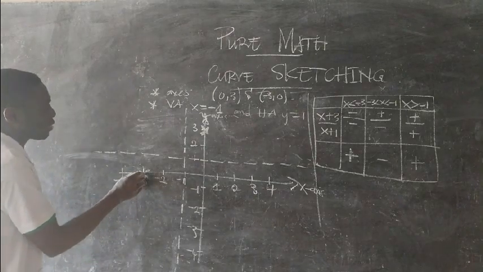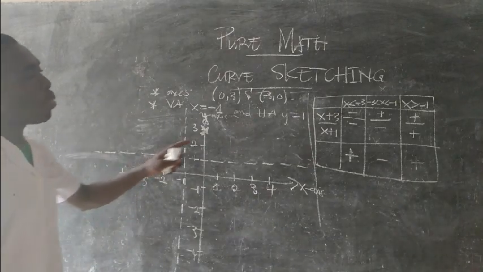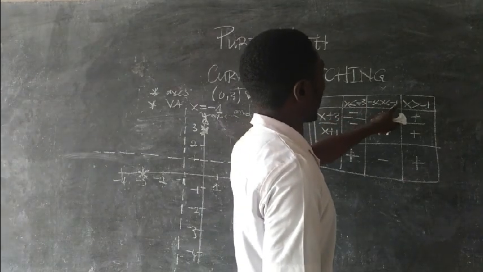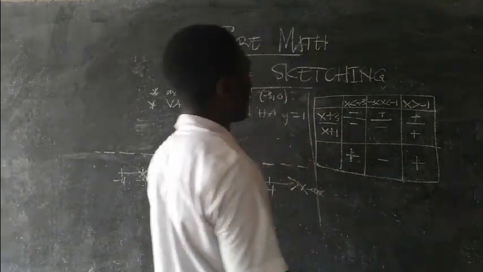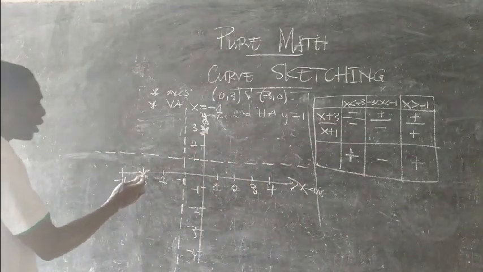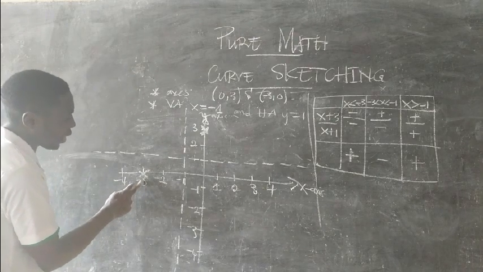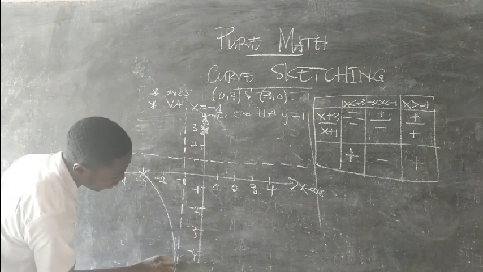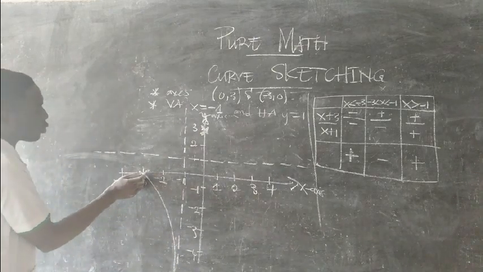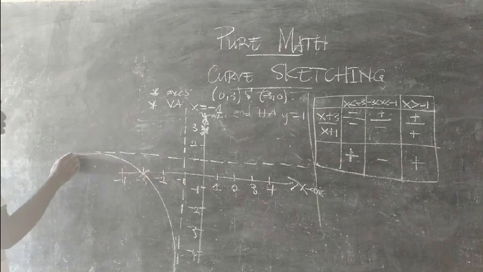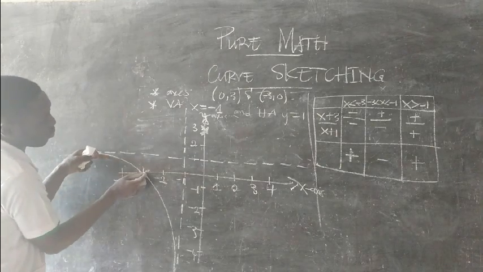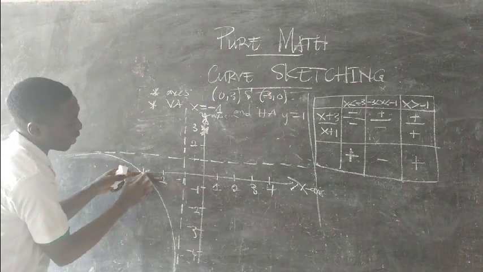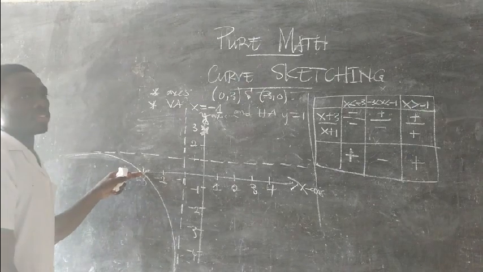So for less than negative 3, the graph is going to exist in the positive region, but in between negative 3 and negative 1, the graph exists in the negative region. Please, this is it. And for the other part, the graph is going to be existing in the positive region. You see, the positive region is here, so below negative 3, you have the graph in the positive region, and in between negative 3 and negative 1, the graph is in the negative region.